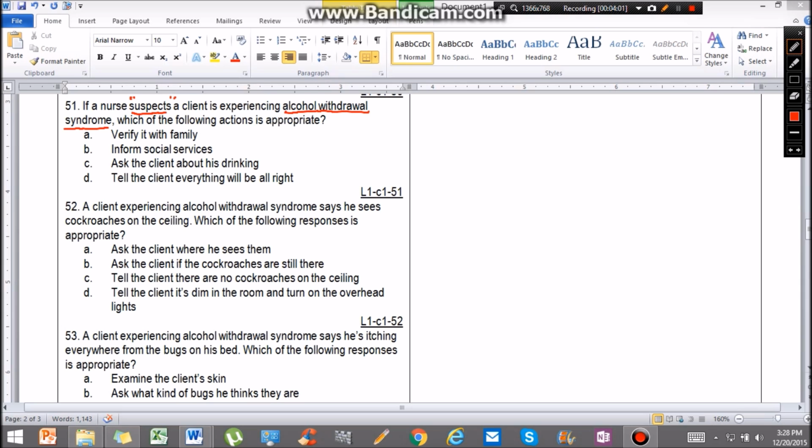The nurse is still gathering information. The best way to verify this is to ask the client himself. That's why the answer is letter C. If the client cannot cooperate, then that's the time you ask the family. But since there are no other details mentioned, the best source of data should be the client. Letter C is the best answer.